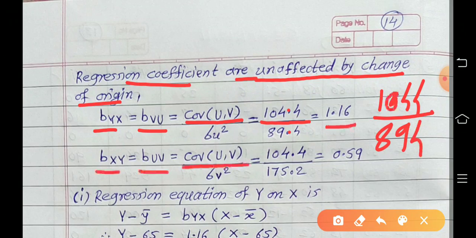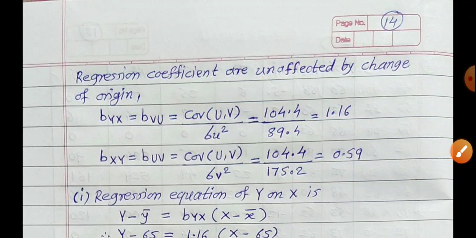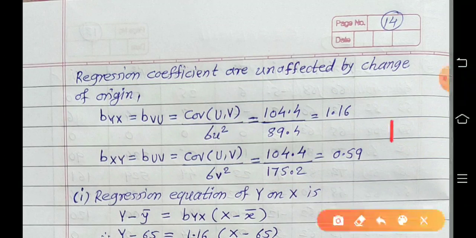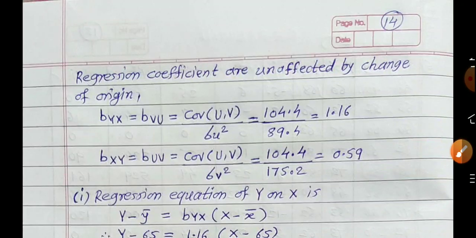So covariance between uv upon sigma v square, substitute value 104.4 divided by sigma v square is 175.2. So after the decimal point, single digit, so multiply by 10, so that disappears, and after that you divide 1044 divided by 1752. So denominator is greater than numerator, so 0 point something, so 0.59 is the answer.